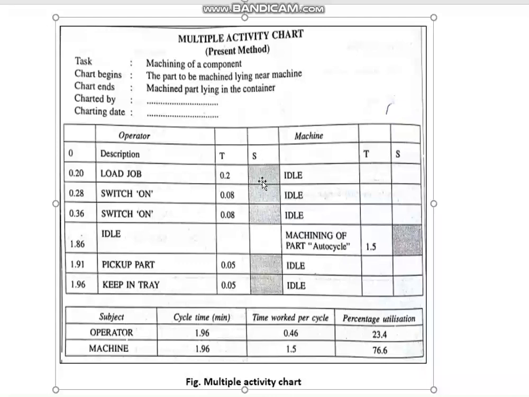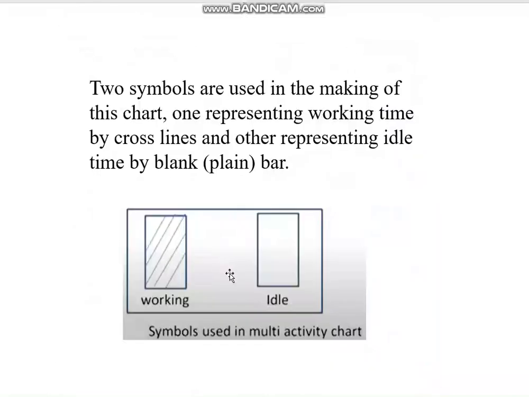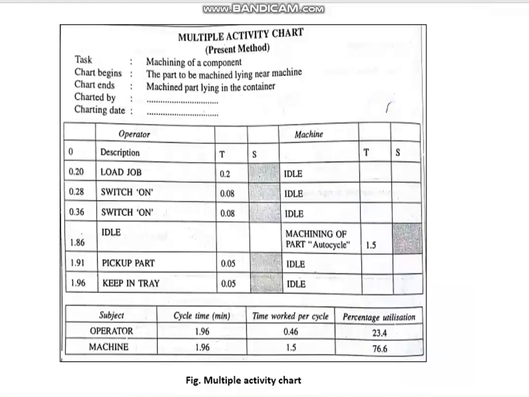You are using two symbols, one for working and one for idle. A shaded portion is working time, and blank white space is idle time.